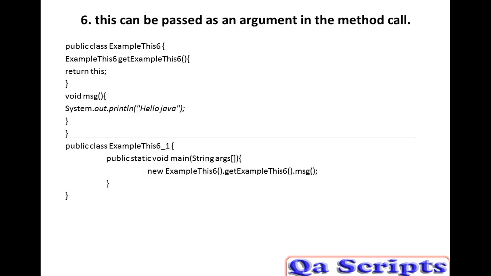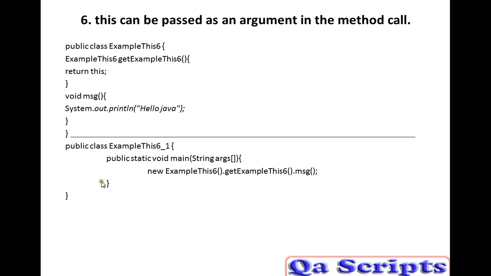The last usage of the this keyword is that this can be passed as an argument in a method call. Here I have one class called Example_this_6. Inside that I have one method, which is not actually a constructor, instead it is a simple method.